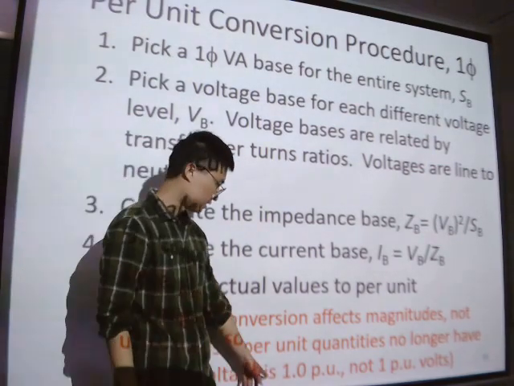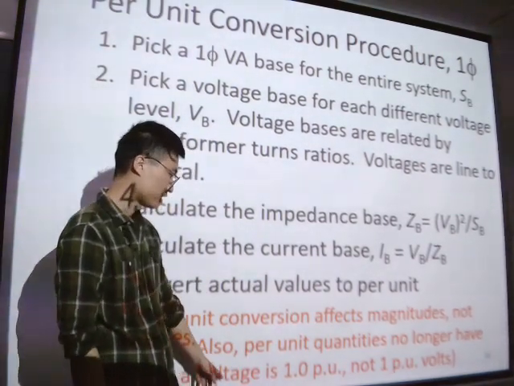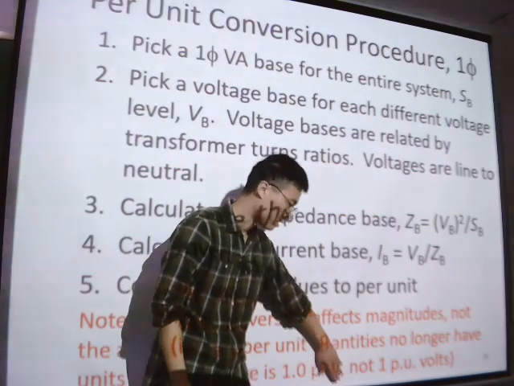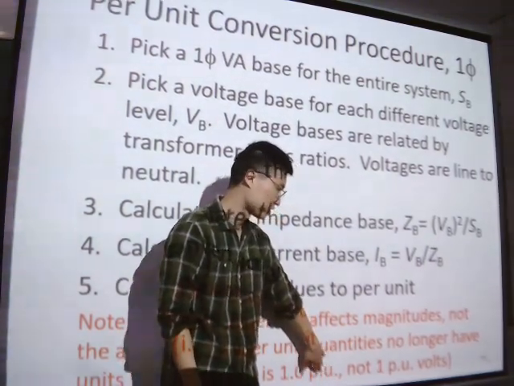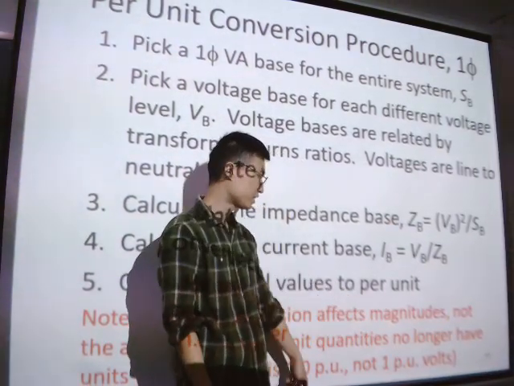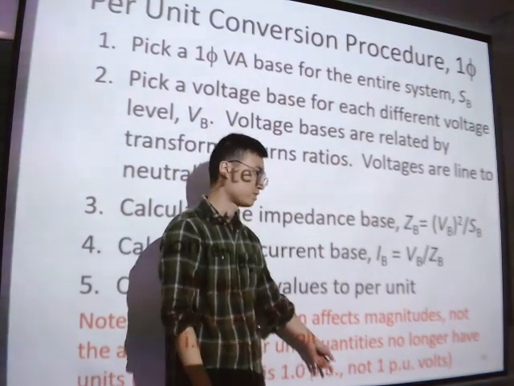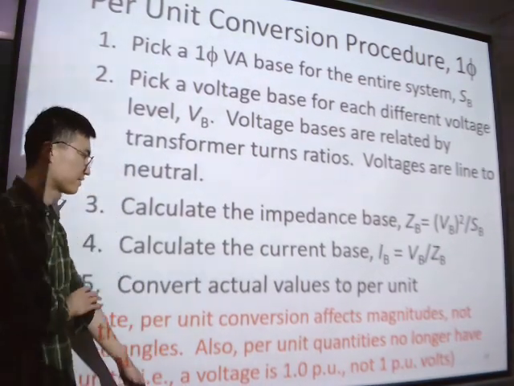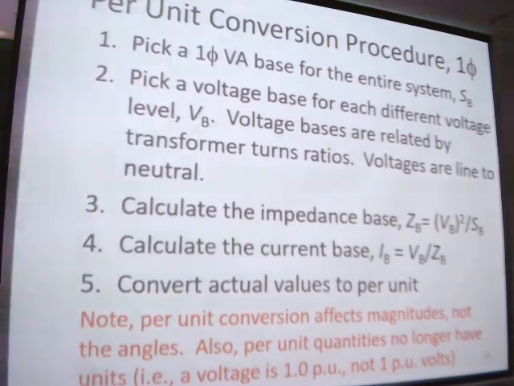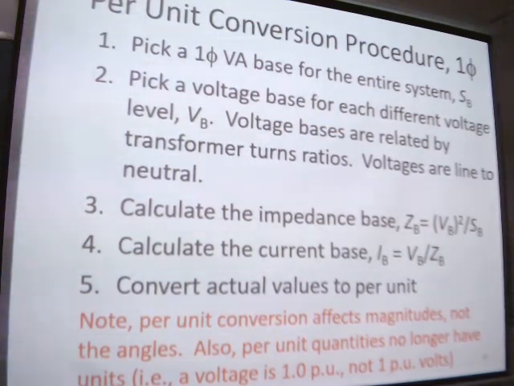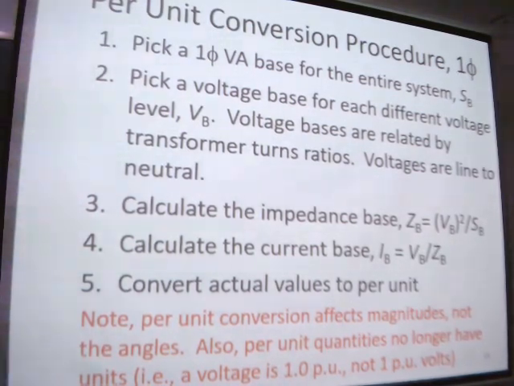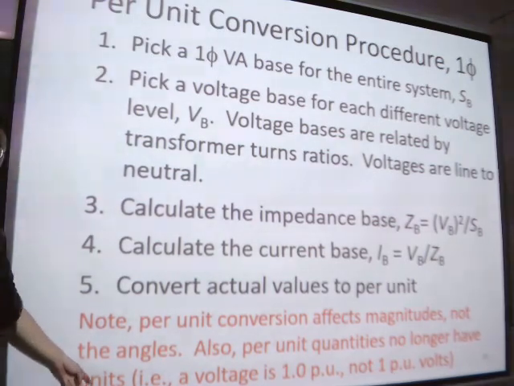The voltage is actually 1 per unit, it is 1, so this is not a unit, not a per unit volt, and here is just the expression of the per unit. So in the per unit system, everything has no units anymore.